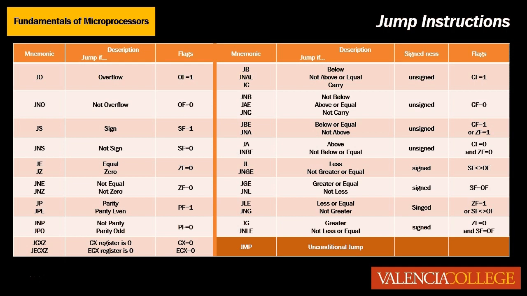But since the flowchart question is A less than 11, the yes, it's below answer seemed the easiest to translate to the x86 instruction. The x86 microprocessor has over 30 jump instructions, which allow it to act on the values currently stored in the registers using the values set or not set in the flags.